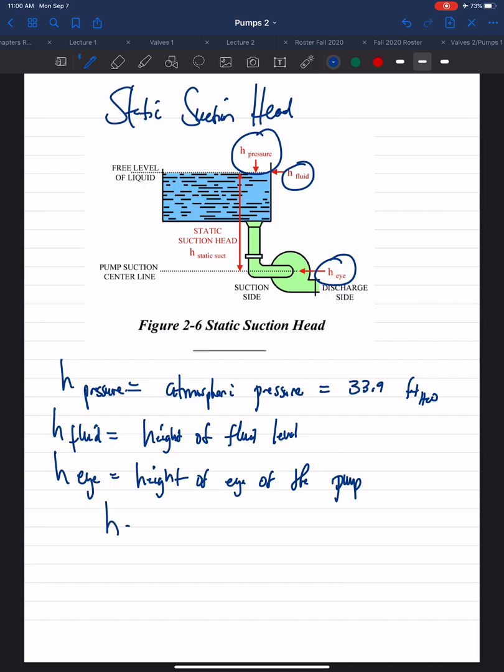So H static suction head. Remember, head, the source, is above the center line, as opposed to lift when the source is below the pump center line. Here, static head, above. So my H static suction head is the H press plus the H fluid minus the HI.